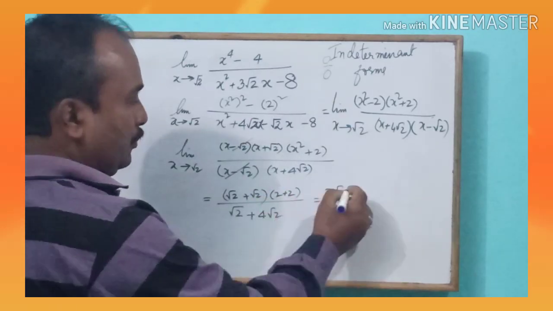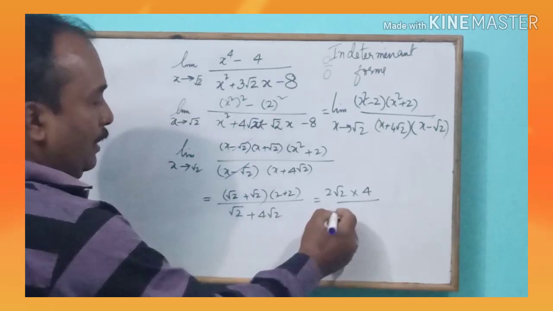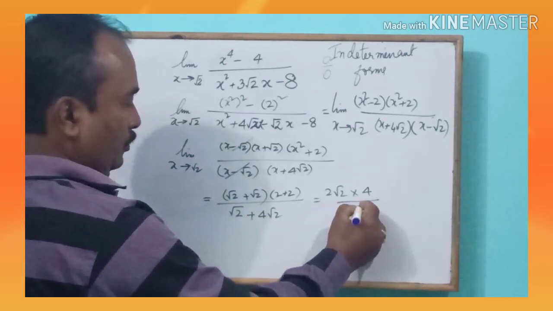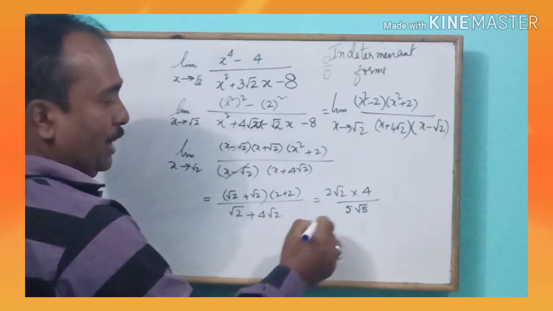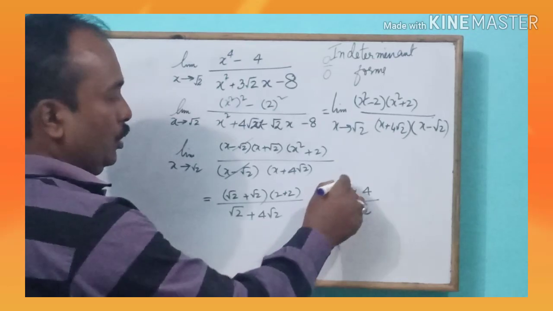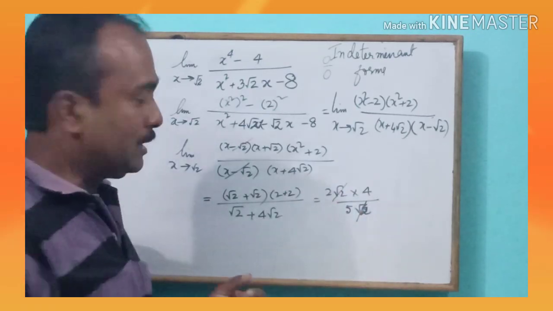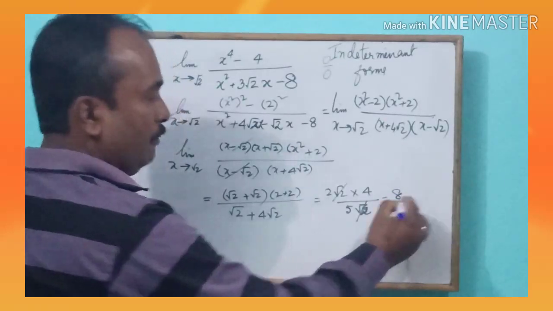Below, root 2 plus 4 root 2, that is 5 root 2. So this is 2 root 2 times 4 by 5 root 2. Root 2 cancels, and we will get 8 by 5. Very simple.